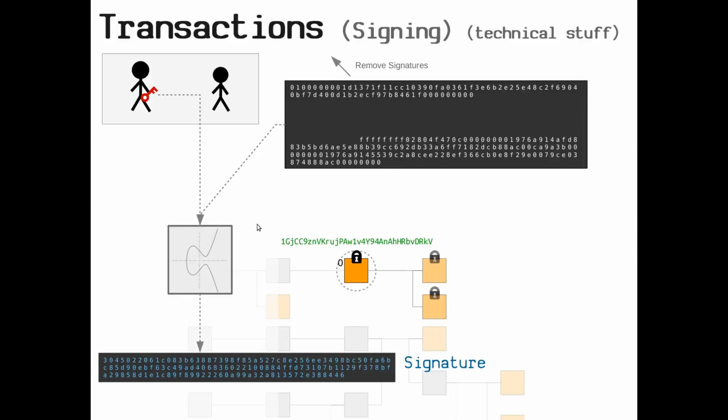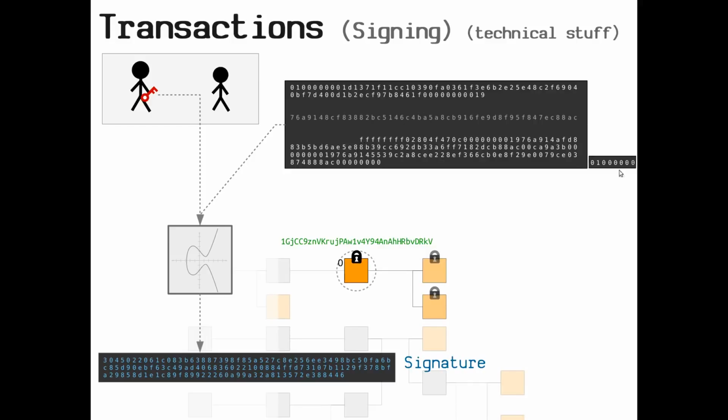So if you've already signed an input, take out the signatures. What you do then, you need to put some placeholder code into where the script sig is going to be, and that placeholder code is the locking code, or the script pub key, of the input that we're trying to unlock. This is just a placeholder so we know which input to sign.